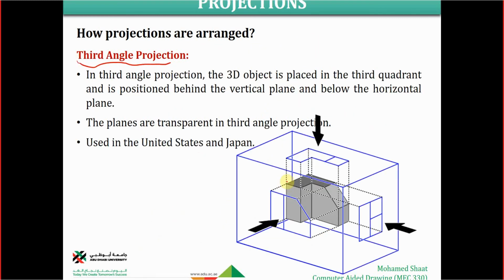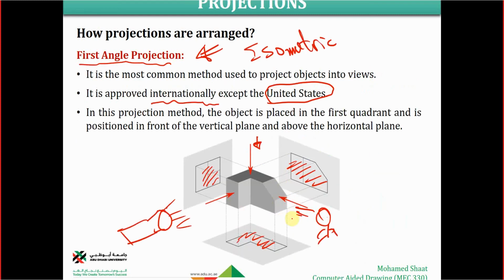But in the third angle projection, it looks like you're taking a picture. If you're taking a picture, you're standing here, and you receive the picture on your cell phone on the same side that you're standing on. But in the first angle, you're looking at the object, and the representation is in the back, like the shadow of the object.